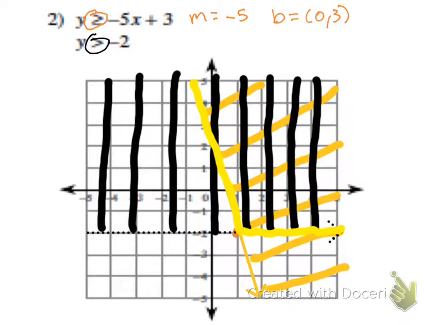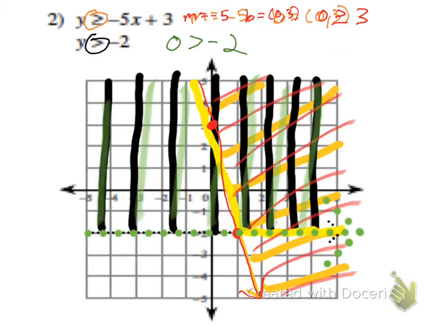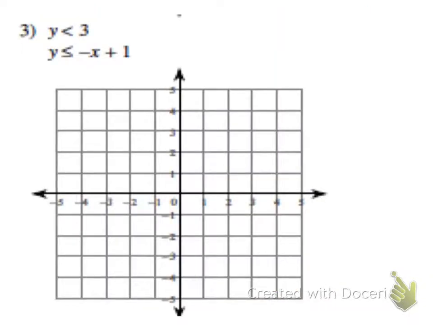All right. Moving on to problem number 3. Again, our first line is y is less than 3.